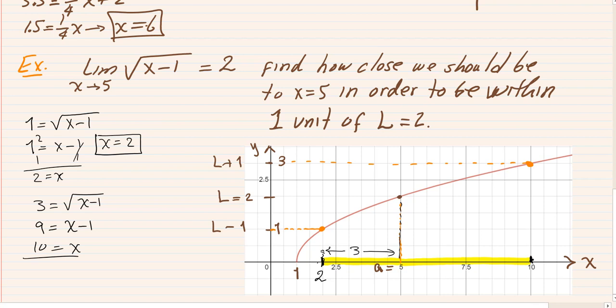And in order to reach the upper tolerance, from 5 to 10, the distance is 5 units. Now, we don't have two separate answers for the question. We're going to have just one number. So we're going to go with the smaller number.